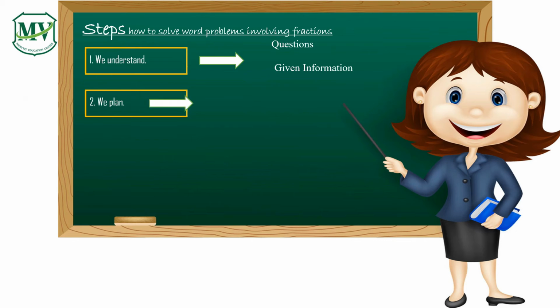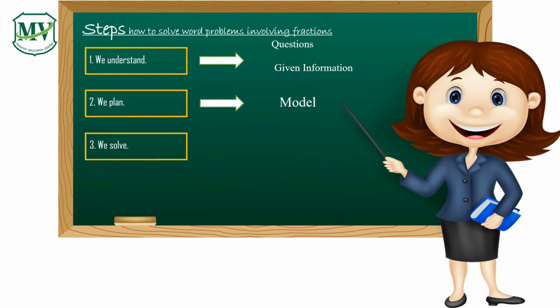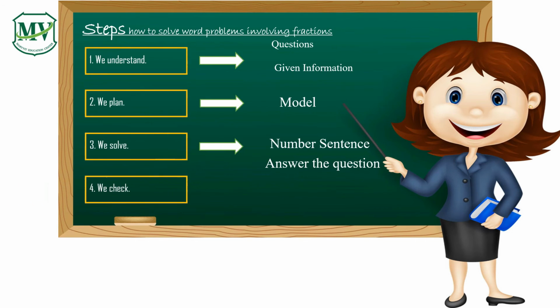Second, we plan. In this part, we're going to create a model or an illustration based on the given problem. Third, we solve. In this part, we will create an equation and then simplify it. So we have a number sentence and then we're going to answer the question. Lastly, we check. After we get the answer, we will check whether we got the correct answer.